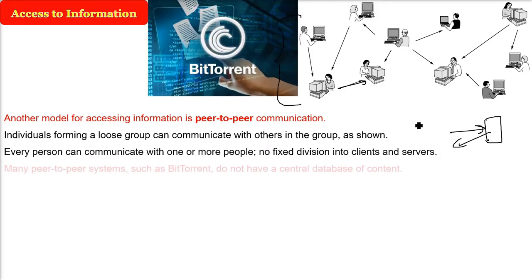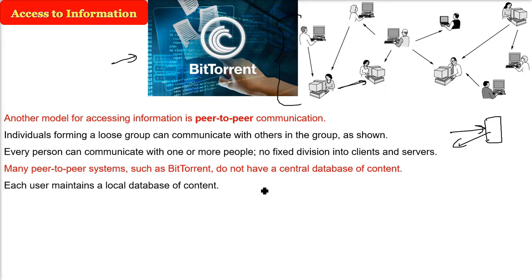I'll give an example of BitTorrent. This is also a peer-to-peer system. So we don't have a central database of content. Each user is going to maintain its own local database of content. That is very important. Each user has its own local database of content. Now, whenever a new user comes, what will he do?